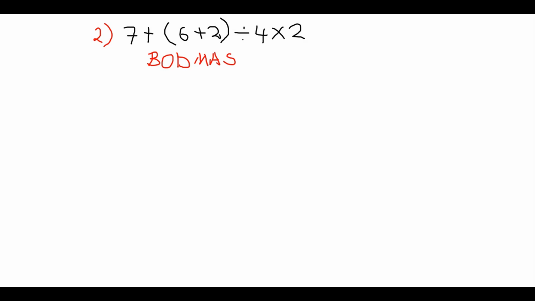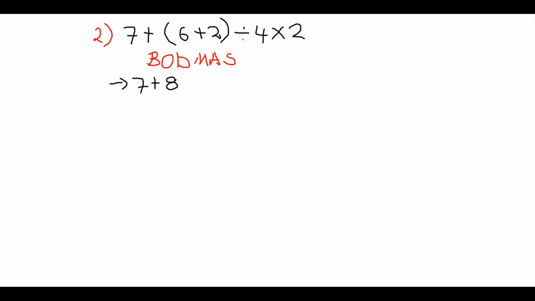We're going to start with brackets because we have got brackets there. So our first step will get rid of the brackets. We write this as 7 plus, and then we deal with what is inside the brackets. 6 plus 2 gives us 8.